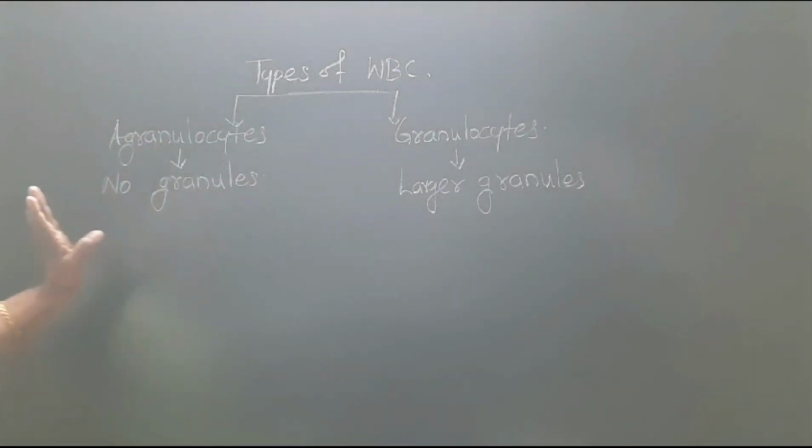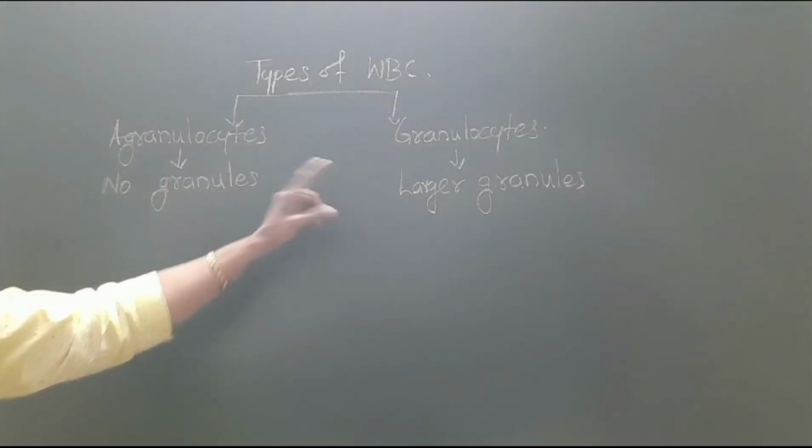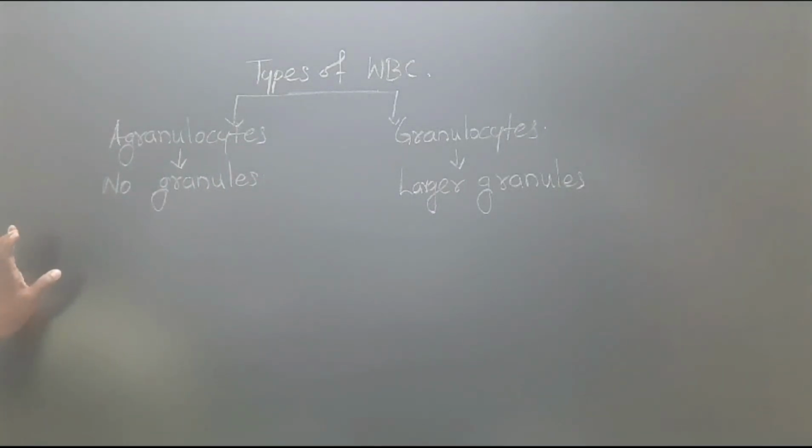Number 2, granulocytes. They have larger granules in the cytoplasm and have a lobed nucleus.